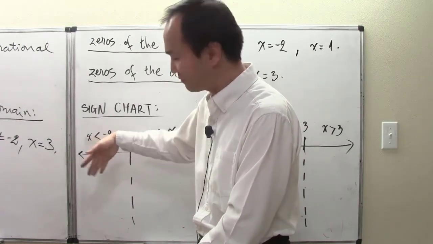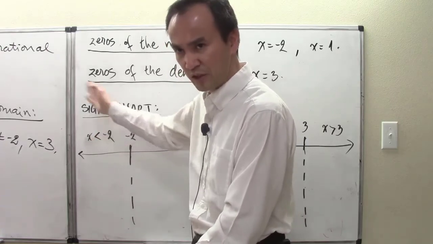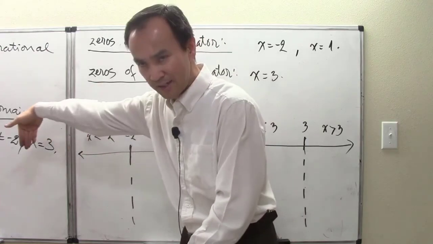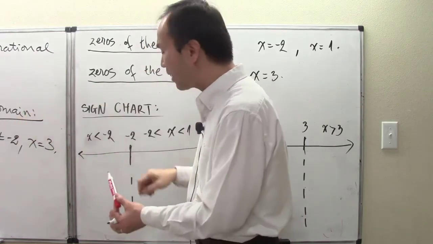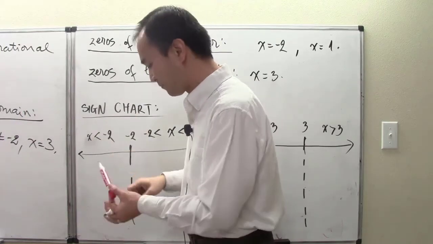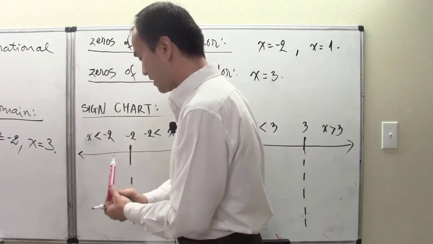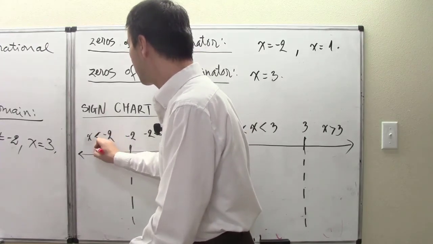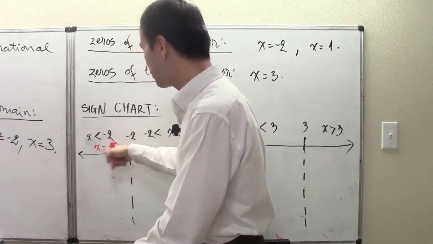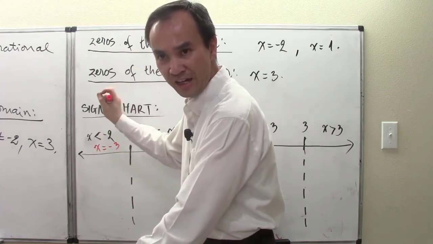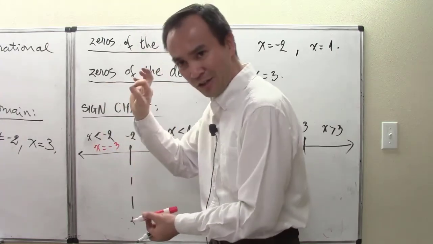Though -2 itself was already excluded, we want x less than -2, and it has nothing to do with the other excluded value, so we're good with any value in this interval. I'm going to pick x equals -3. Double-checking again, this value is okay with our domain.